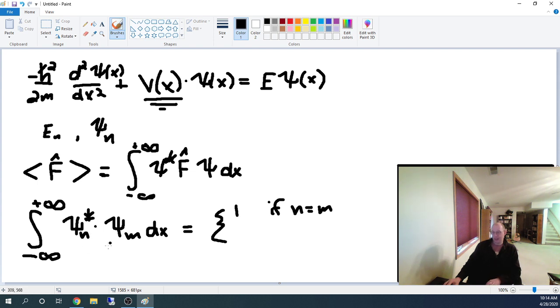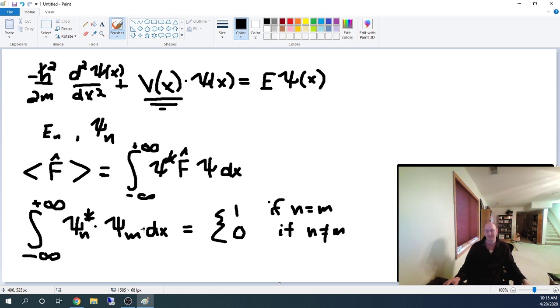So this becomes psi squared, and then you integrate from minus infinity to plus infinity, and if it's normalized, that would be 1. But it would also be 0 if n is not equal to m. So in a lot of ways, this is almost like a dot product, but in an infinite dimensional space.